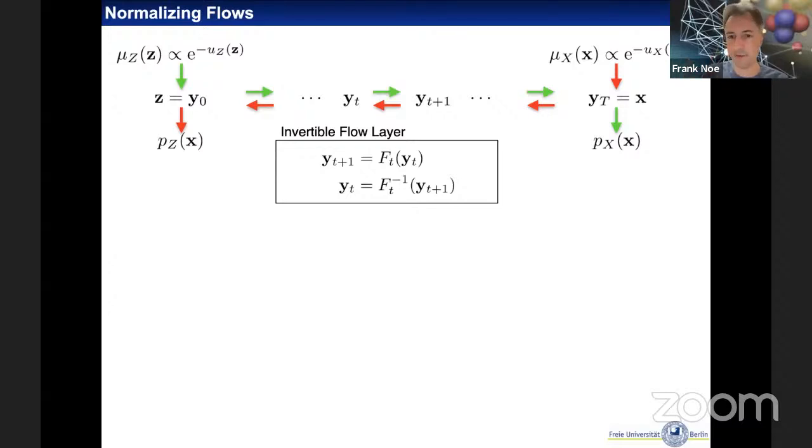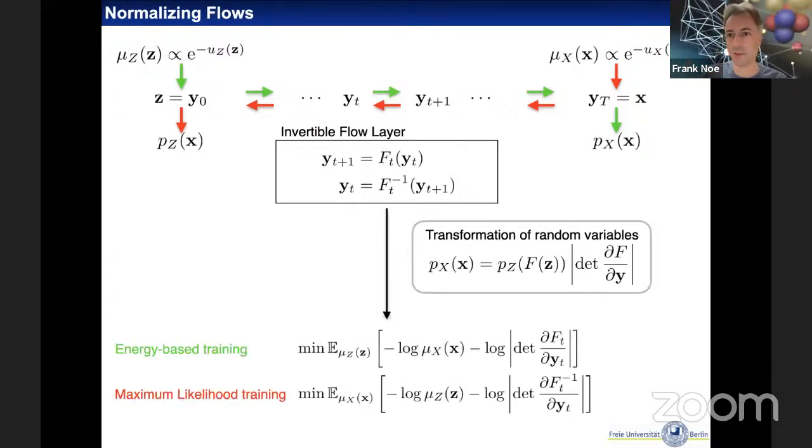Every layer here is invertible. That means for every layer, we have this transformation of random variables rule. And we can therefore write down, for example, the Kullback-Leibler divergence, the KL divergence or relative entropy, between the distribution generated by the network and the target distribution. It turns out if we do that, we get the expressions that you see here.